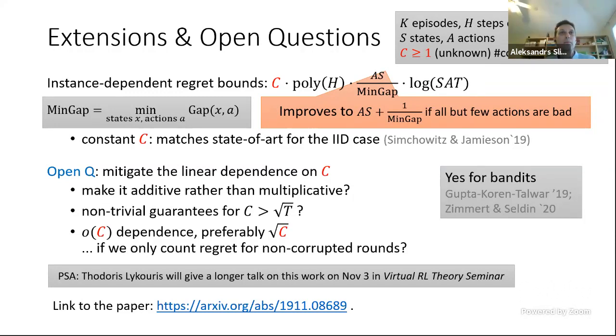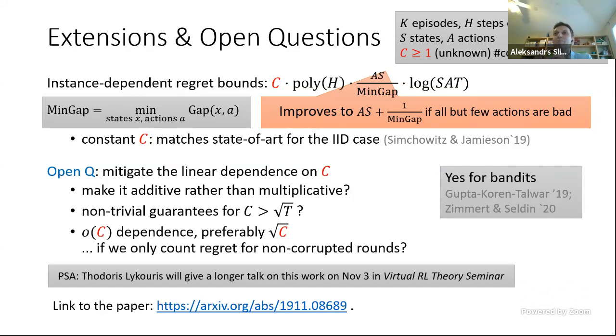Do I understand that there is no lower bound at all for this corruption framework, or are there any lower bounds? No lower bound is specific to RL. For bandits, there is something, but it is subtle and tricky, and I may be messing it up.